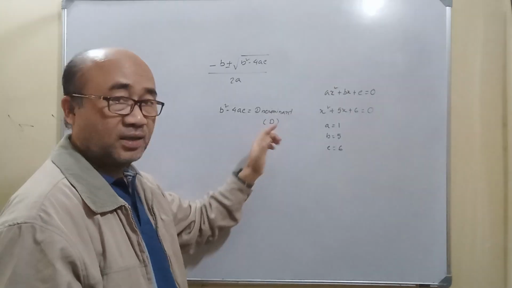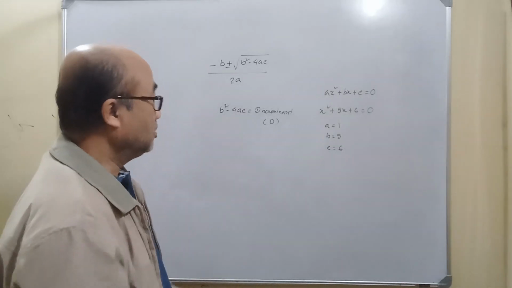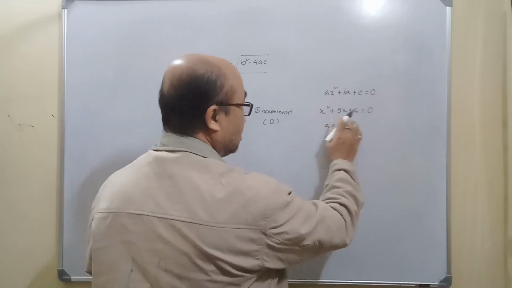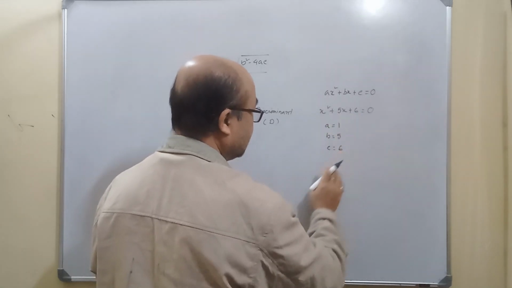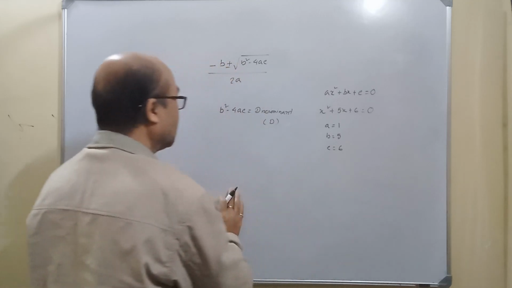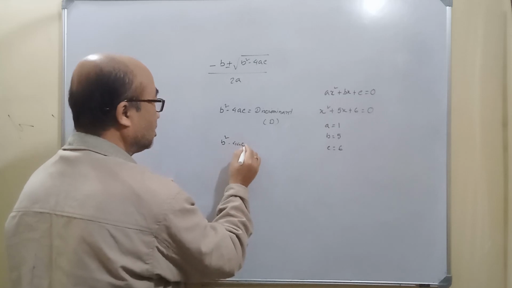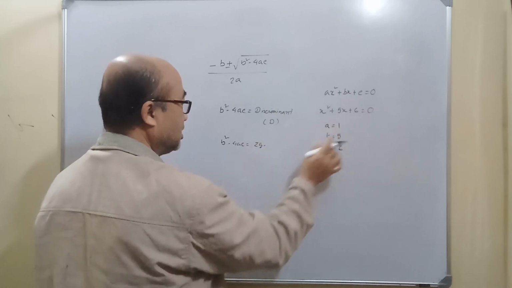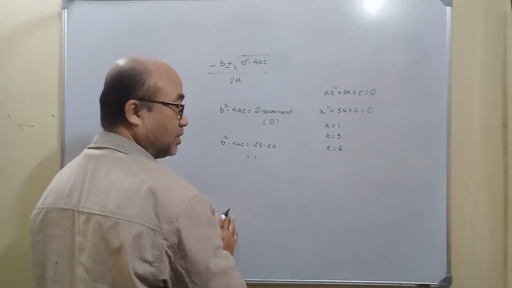Okay, let us understand with an example. We already have this equation here. A is 1, B is 5, C is 6. So what is b square minus 4ac? It is 5 square, that is 25, minus 4ac is 24, it is 1, right?